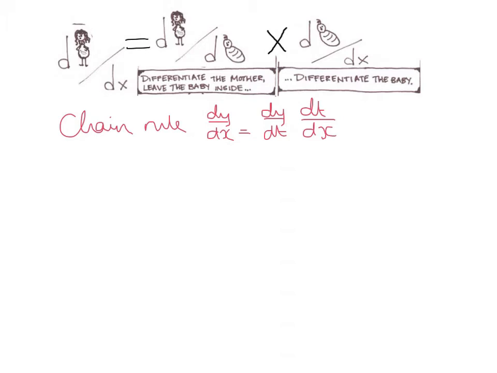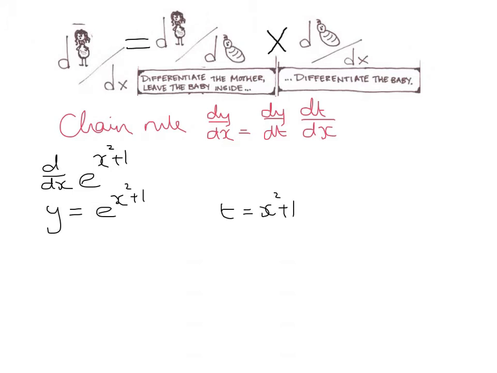So if we've got the function that we're trying to differentiate, e to the x squared plus 1, then we can rewrite that as y equals e to the x squared plus 1, then define t to be x squared plus 1. If we then rewrite our function y, we can write it as e to the t, allowing us to differentiate it with respect to t really easily.